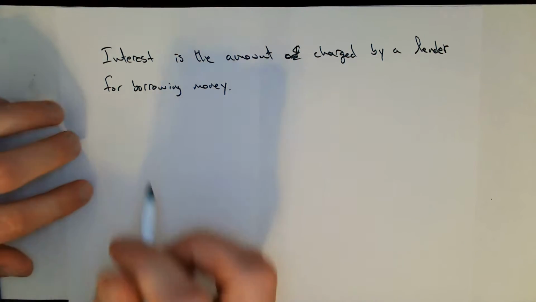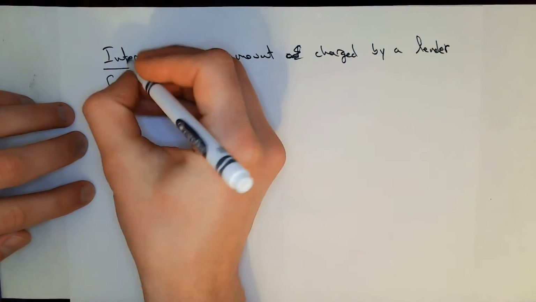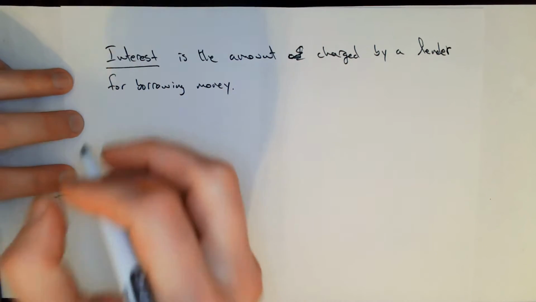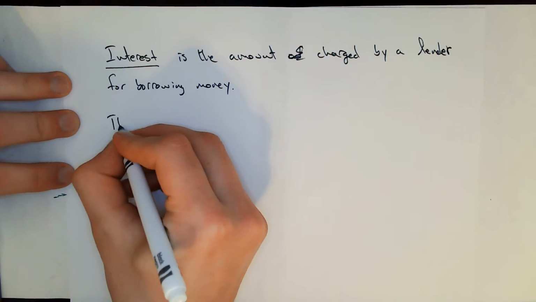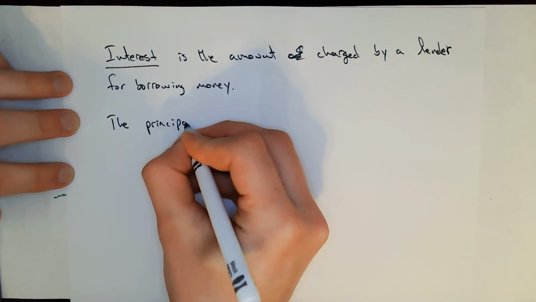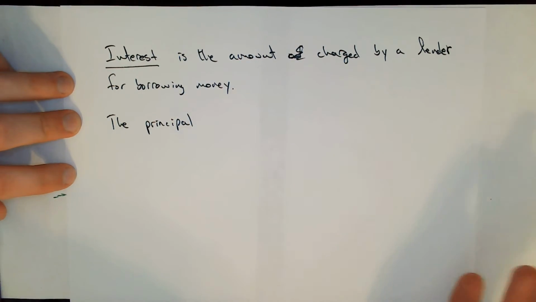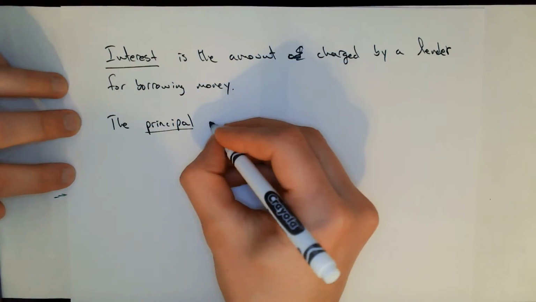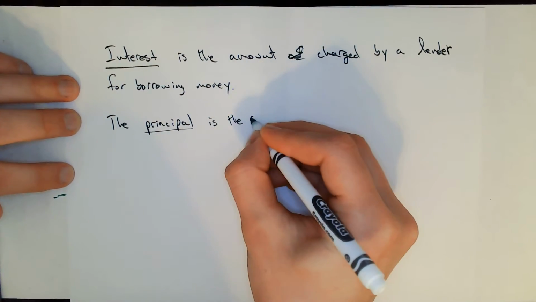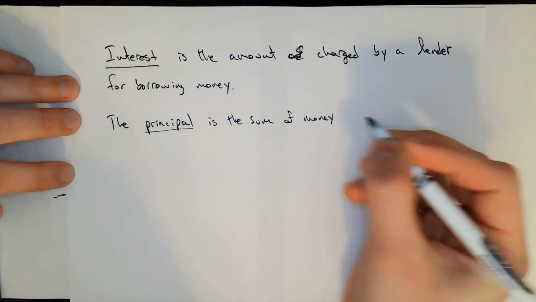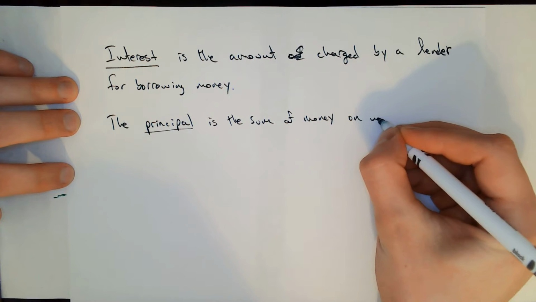So let's define a few more things here, just so we can all be on the same page when we're talking about these things. The sum of money, or the amount of money that we are either borrowing or putting into the savings account, is called the principal. So the principal is the sum of money on which interest is charged.